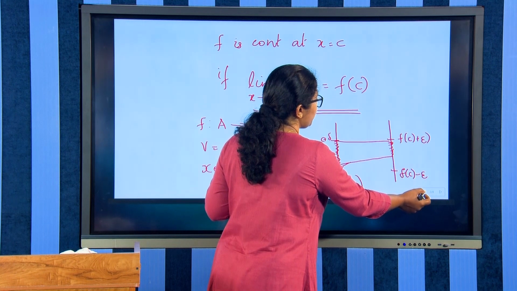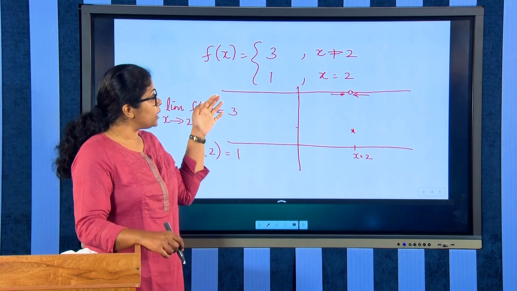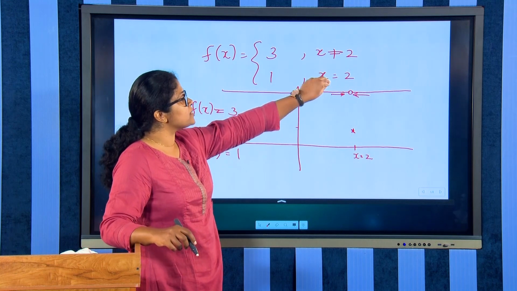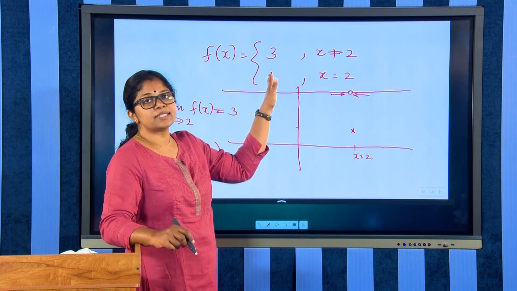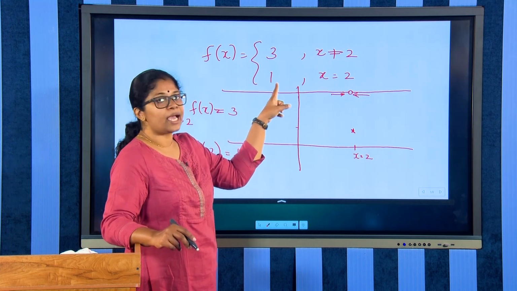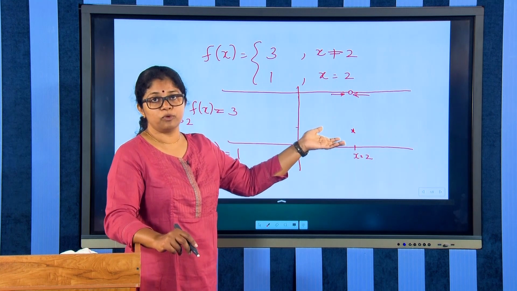That means if you have a function something like this, actually the discontinuity can be removed if we put the value x is equal to 2 as 3 for the function. So, if the function takes the value 3 at x is equal to 2, this discontinuity could have been removed.